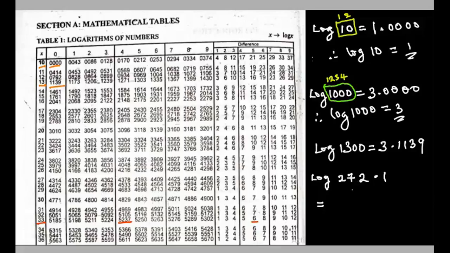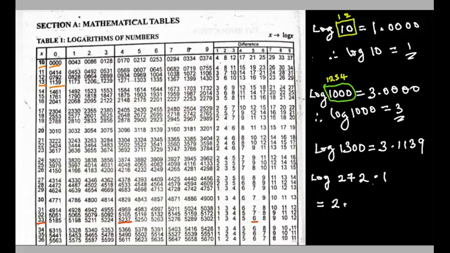And 272 has how many digits? 272 has just 3 digits, 2, 7, and 2. Yes, so 3 digits. Do a minus 1. 3 minus 1 is 2 point something.